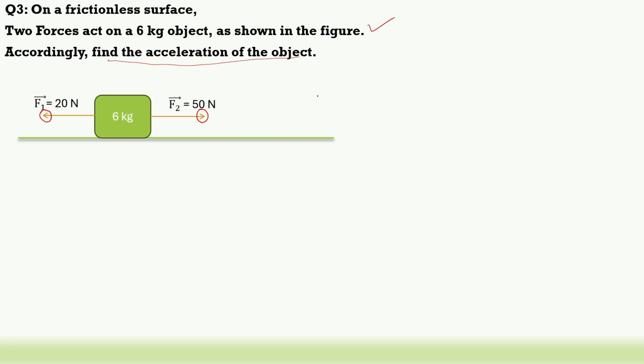Let's calculate. For the calculation, we use Newton's second law. F net equals m times acceleration. F net means F1 plus F2. F1 plus F2, total F, and this equals m times acceleration. F1 is 20 Newton but in the negative direction, so I am writing in the equation minus 20 Newton. Okay, this is important.